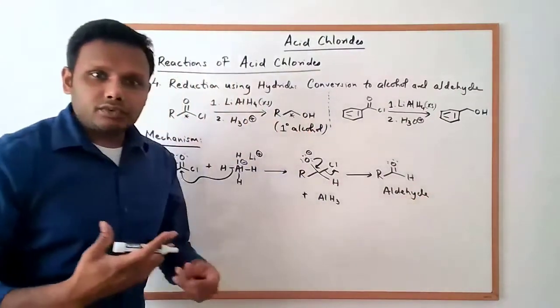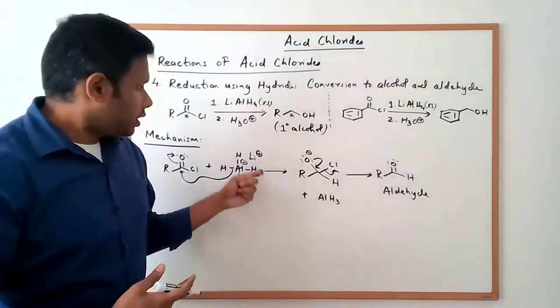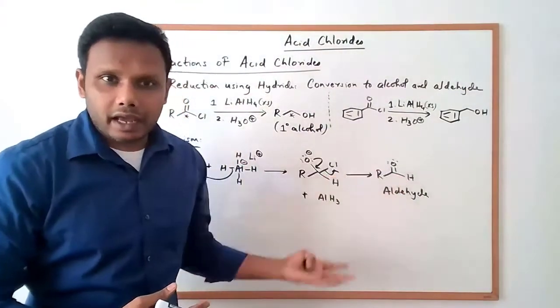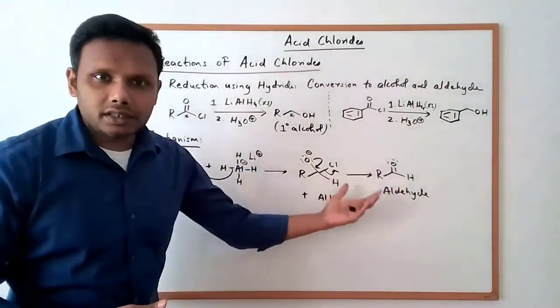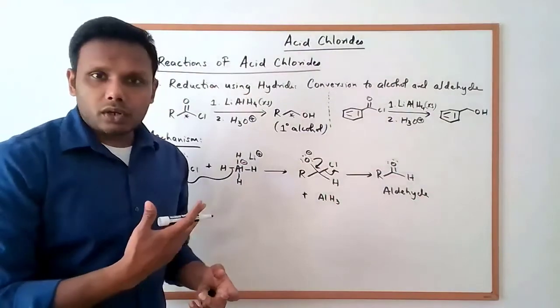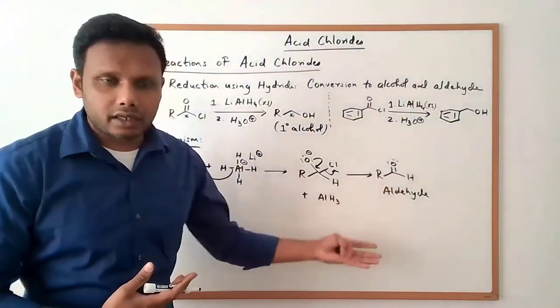But as we know from our prior experience, lithium aluminum hydride would also react with the aldehyde. So the reaction doesn't really stop here, or in fact, it is not a wise idea to try to stop at the aldehyde stage.